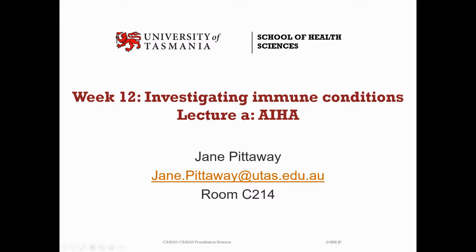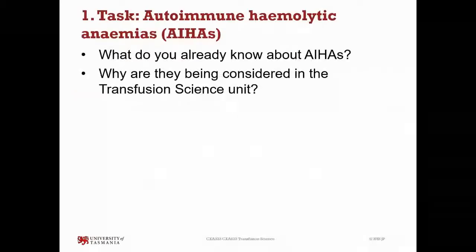All right, so we're starting off, as I said, with autoimmune hemolytic anemia. And the first thing I'd like you to do, without actually looking at your notes, is to think about what you already know about autoimmune hemolytic anemia and why you think they're being considered in the transfusion science unit.